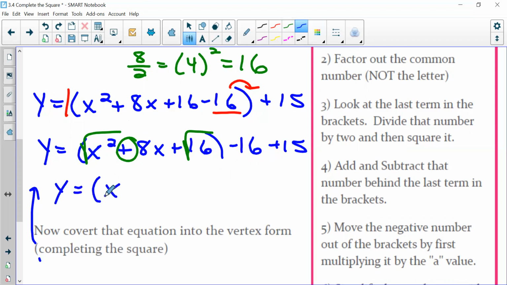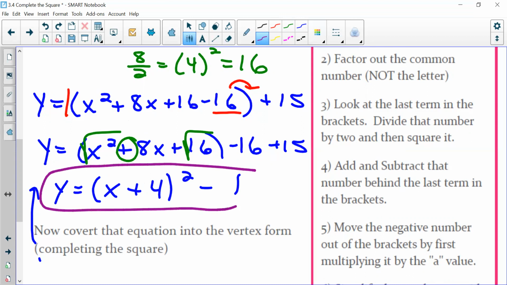Is this line in the middle? What's the square root of 16? Good. And negative 16 plus 15 is negative 1. Where's my vertex? Negative 4 and negative 1 there.